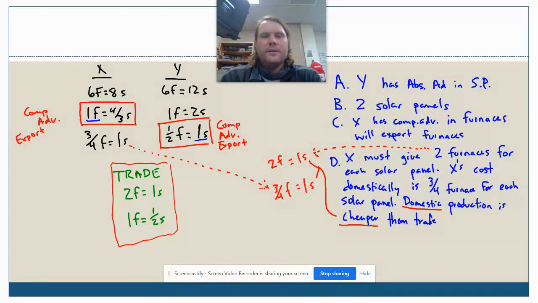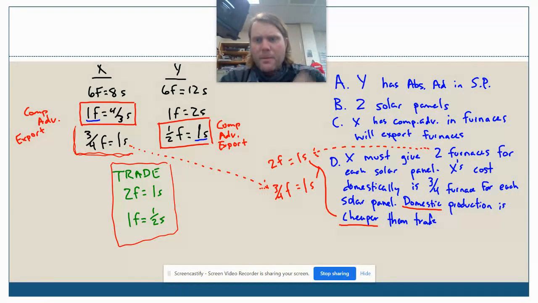In this case, X is going to give two furnaces for each solar panel. So 2 equals 1, like we said. X's cost of domestically producing those things is 3/4 of a furnace. I get that number right here. So it's 3/4 of a furnace to make that one solar panel.